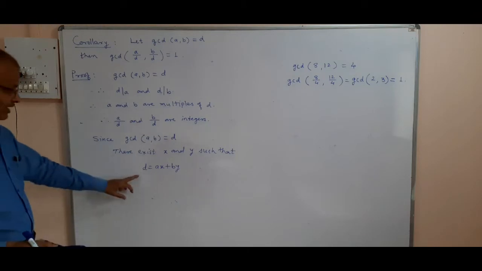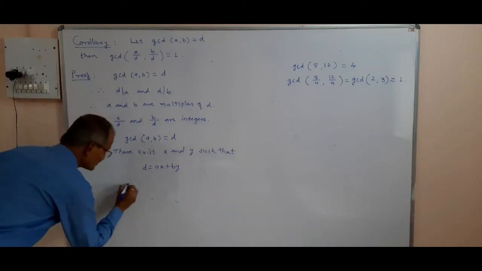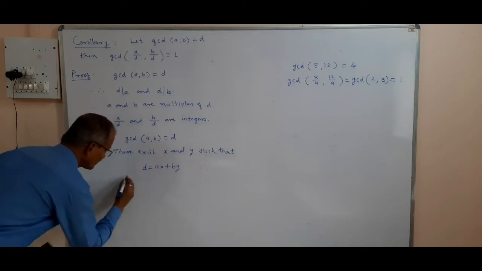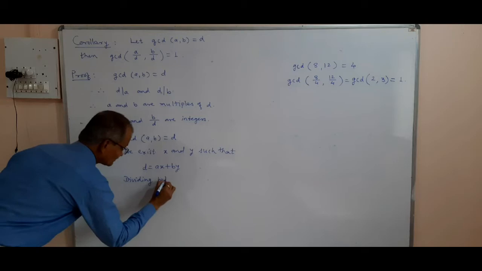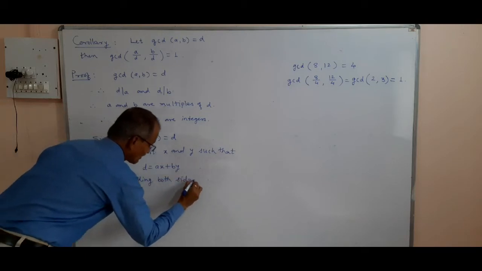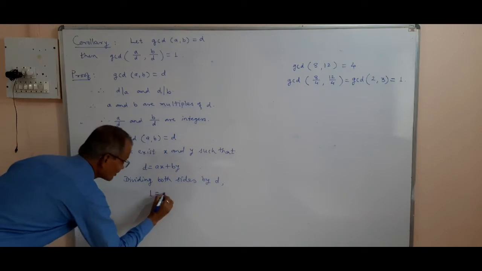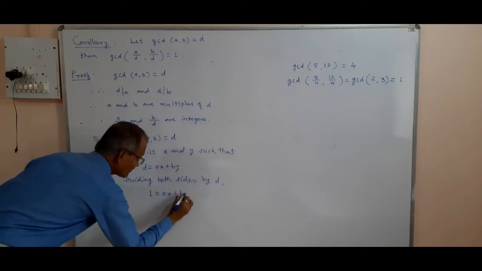Now we divide both sides by D. So what we shall get is 1 is equal to ax plus by.